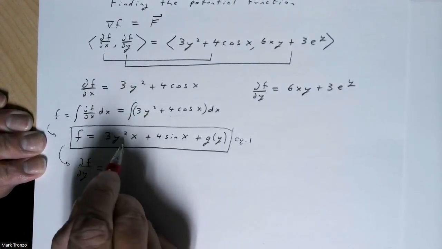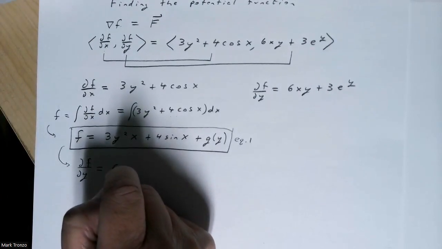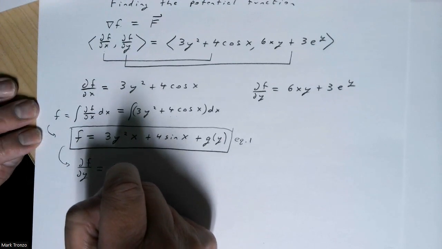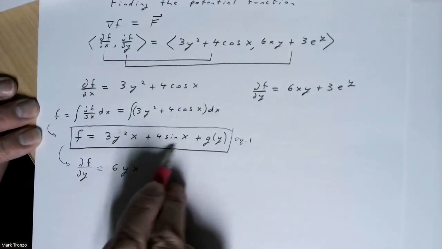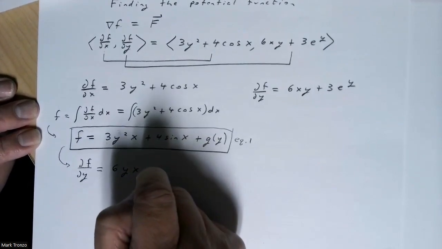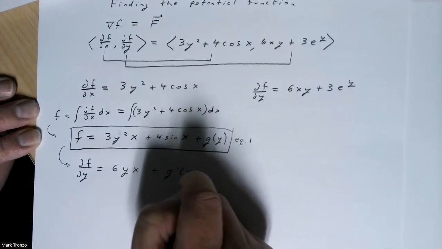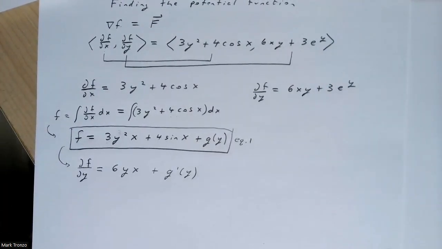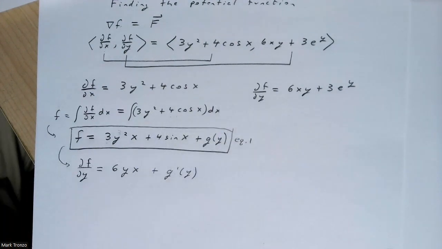When we take the derivative of this with respect to y, this is going to give us 6yx. And then this is going to go away. Plus g prime of y. So all I did was take the derivative with respect to y here, because I want to match it up to what we have over here.